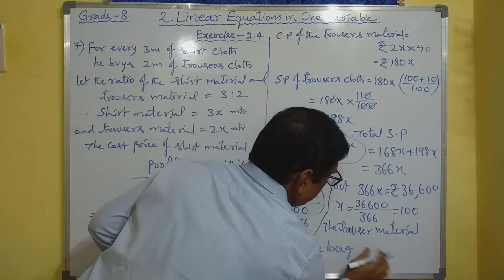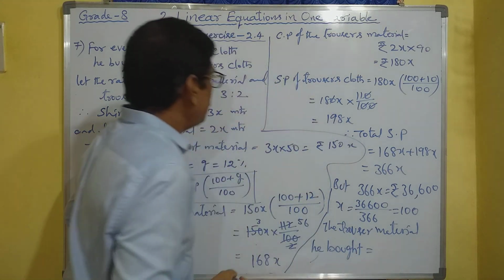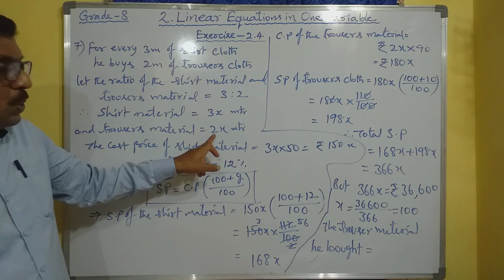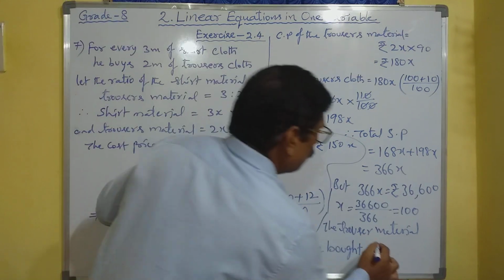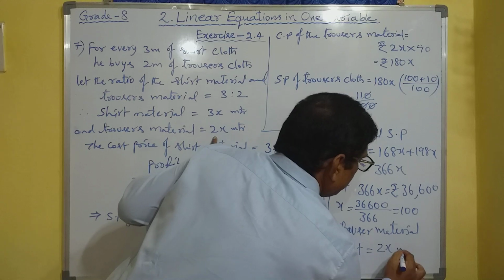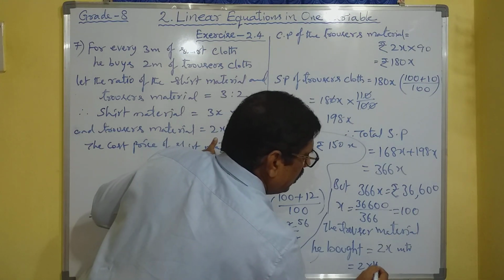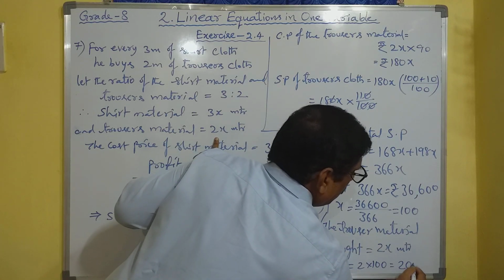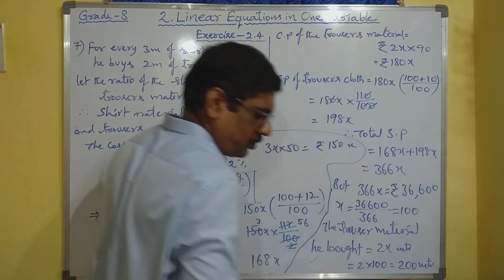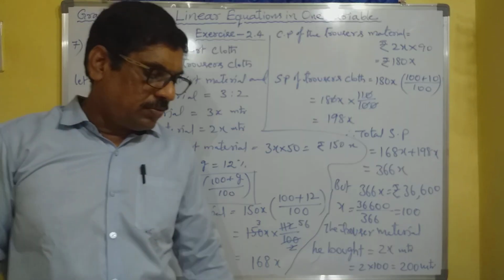Therefore, the trouser material he bought is 2x meters. So 2x meters is equal to 2 into the x value we got, 100. So 200 meters. Okay, this is the answer of the problem.